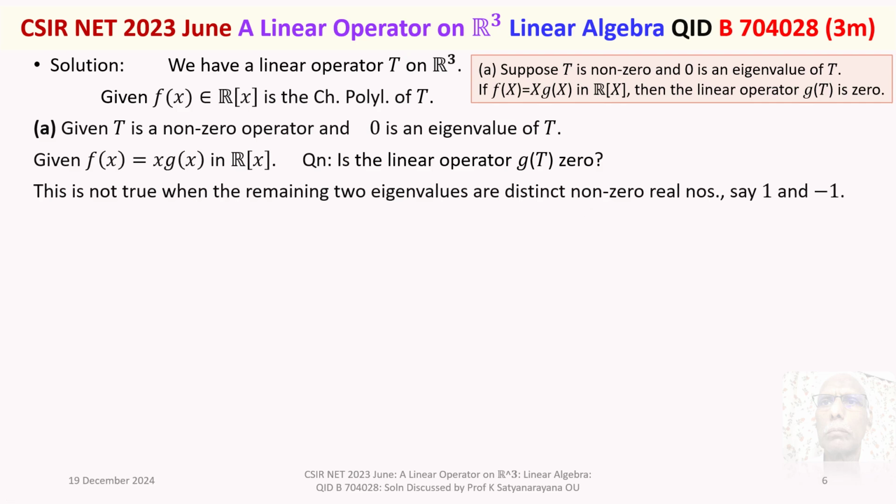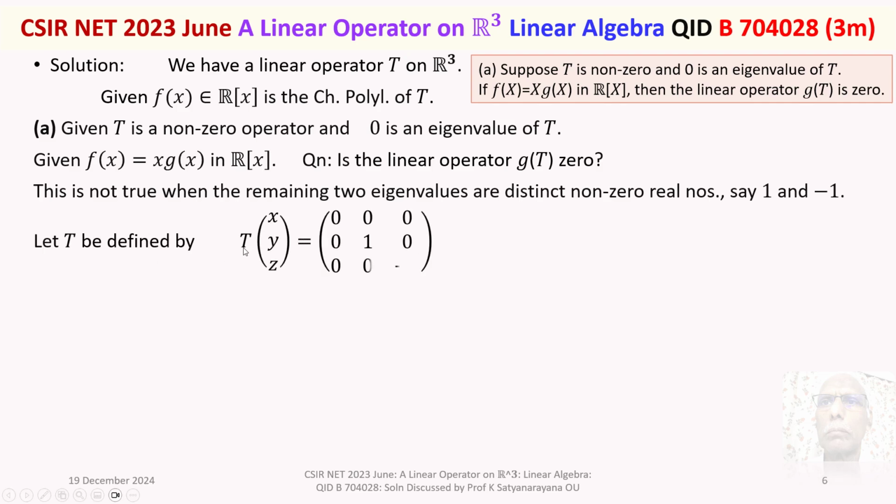So let's say, now let T be defined by T of x, y, z is equal to the 3 by 3 matrix 0, 0, 0, 0, 1, 0, 0, 0, minus 1 multiplied by the column vector x, y, z. Then the matrix of T with respect to the standard basis is this matrix 0, 0, 0, 0, 1, 0, 0, 0, minus 1.